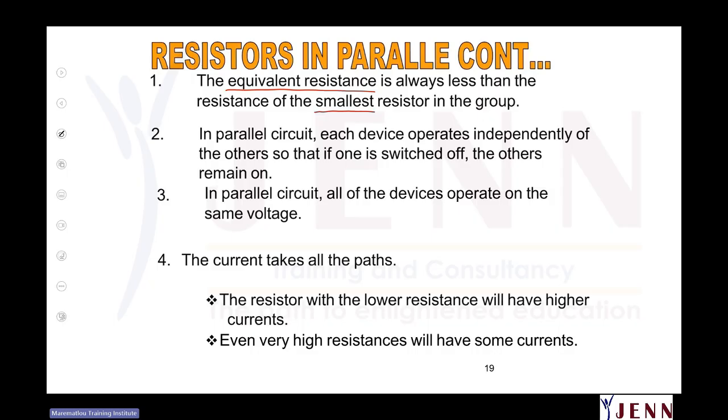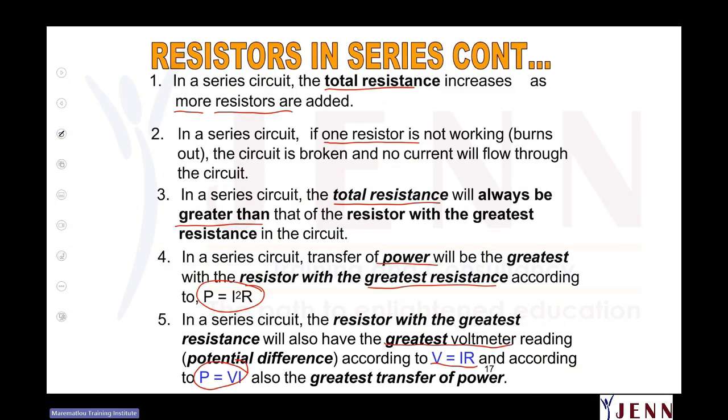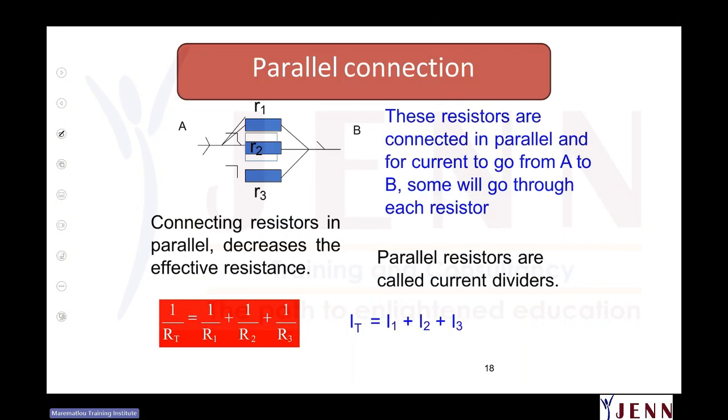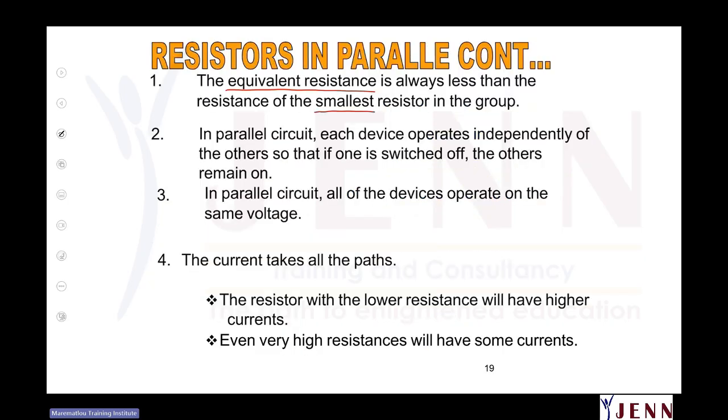And in the parallel connection as well, each device operates independently. Unlike in series, where if one of them breaks down, the whole circuit will not function, in parallel, if one of the devices breaks down, the circuit will still function, which is why each device is operating independently.